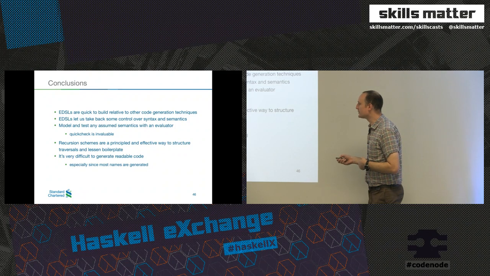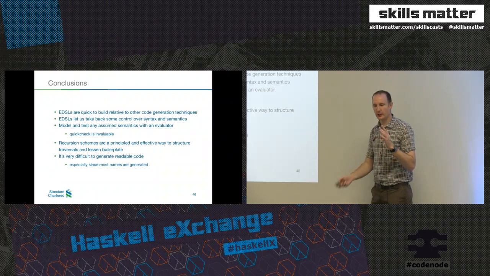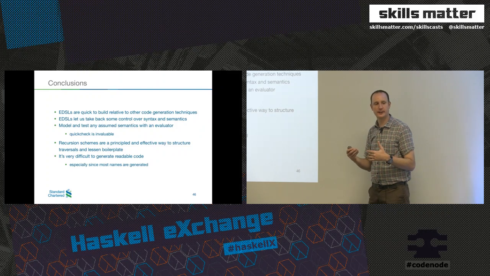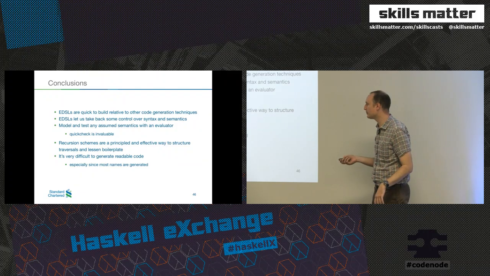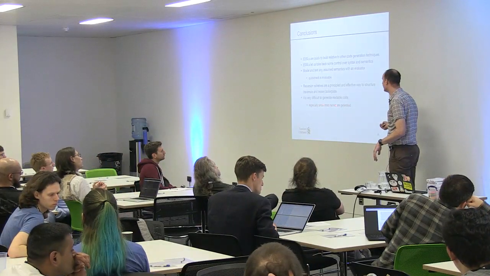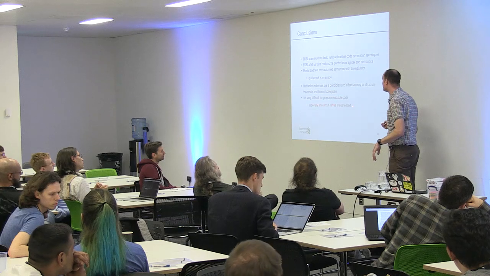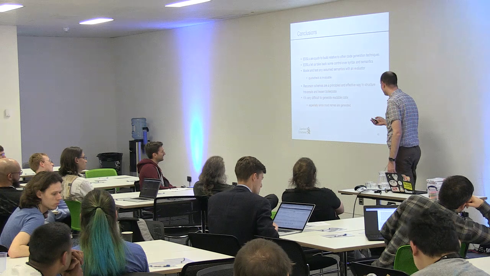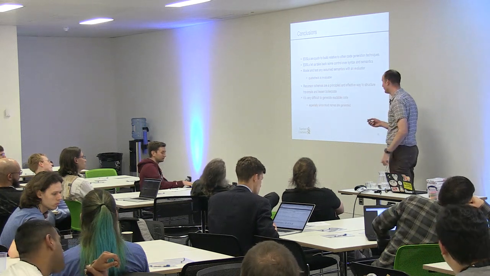One thing, though, that wasn't so good with EDSLs is that it's very difficult to generate readable code. The names are mostly all generated, so the Q code looks absolutely horrible. You can mitigate that by allowing users to add in string comments, but it is a problem, and I had comments from the Q programmers that they're just amazed that what they see works, because the code it generates is completely unintelligible.